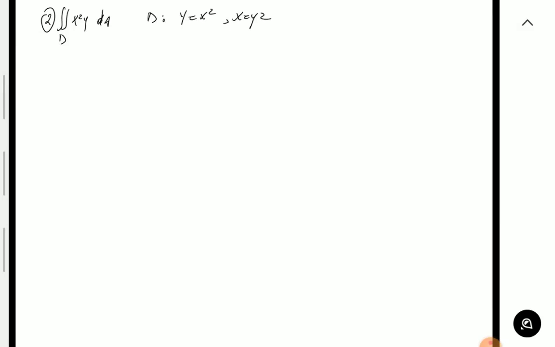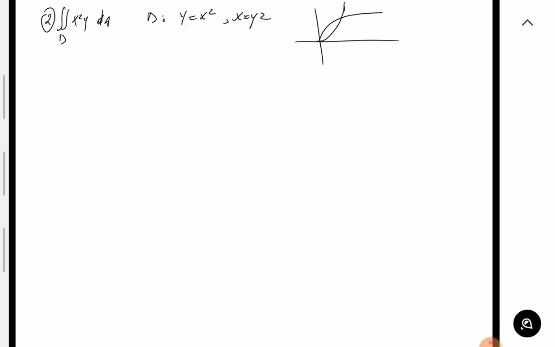Okay, so here's another one. Domain bounded by y equals x squared and x equals y squared. This is kind of a symmetric thing, so whether you set it as type 1 or type 2, it's the same idea. Let's do it as a type 1 domain. So you have a vertical parabola mixed with a horizontal parabola.